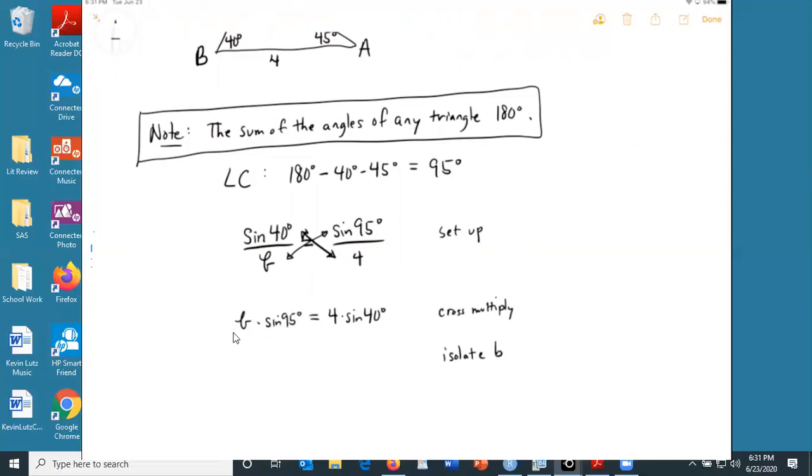So you divide both sides by sine of 95. That will be 1, so we get B times 1 is B. And then whatever this is, 4 sine of 40 degrees divided by sine of 95 degrees, whatever that is, is our answer. So now you go to your calculator and get the answer.